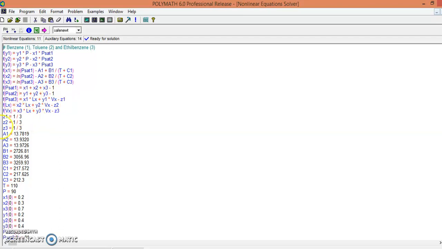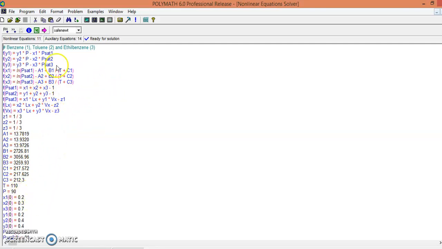Here we have the information that we know in the problem: the feed in the flash vessel, the Antoine constants, the temperature, and the pressure.